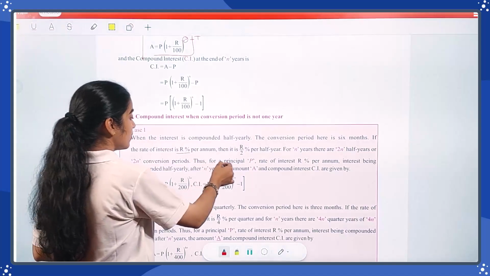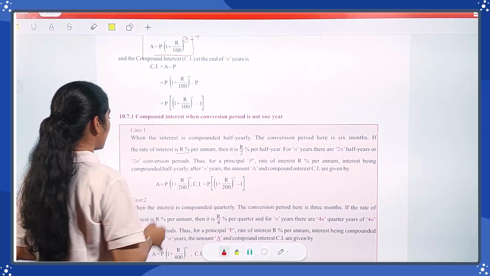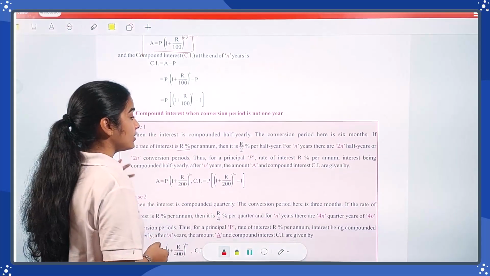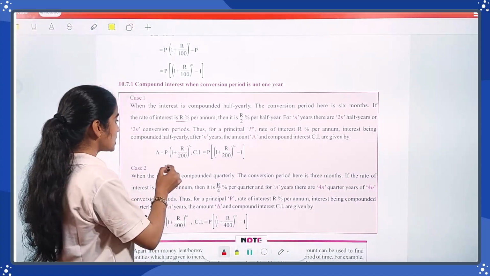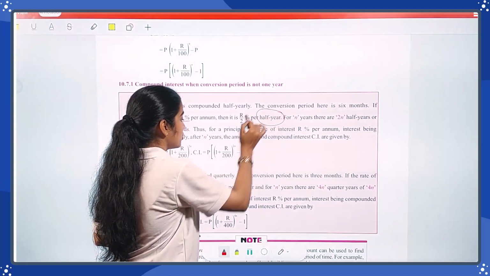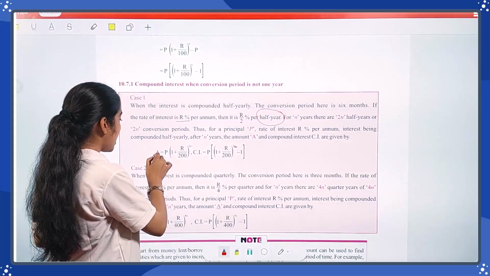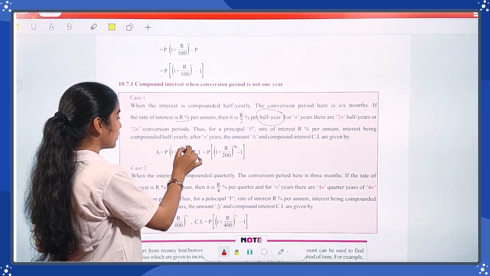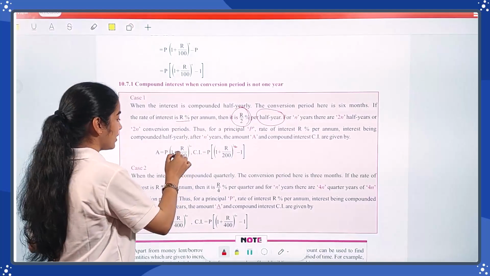Thus, for a principal P, rate of interest R% per annum, interest being compounded half yearly after n years, the amount A and compound interest CI are given by these formulas. So in this case, if you have to find the half yearly, your n will be converted to 2n. So the amount is equal to P multiplied by 1 plus R by 200, raised to the power 2n, because your rate of interest will also be R by 2, and here we have 100.